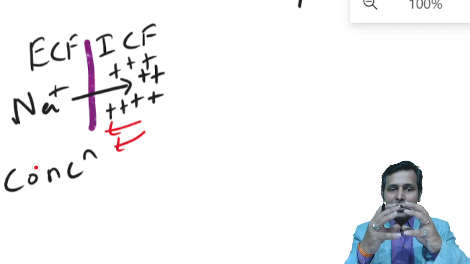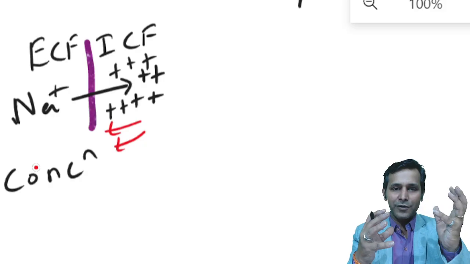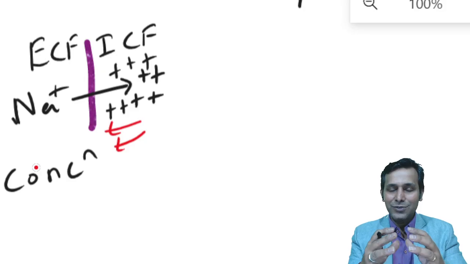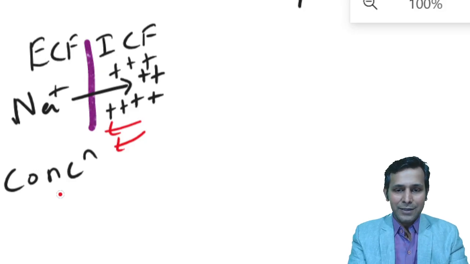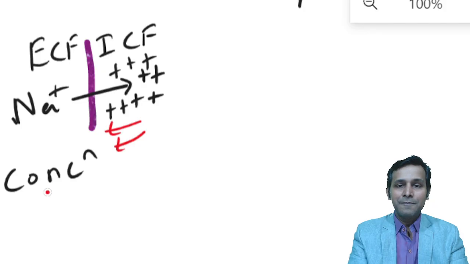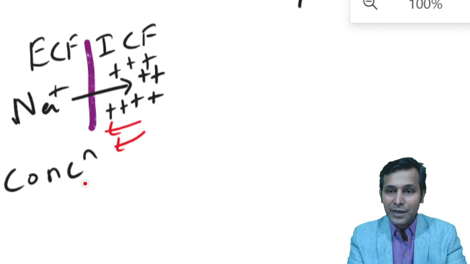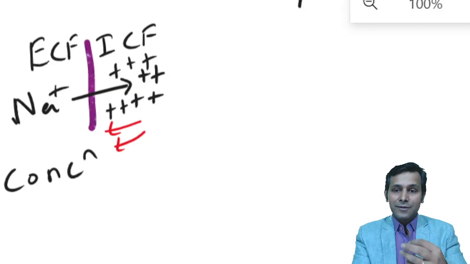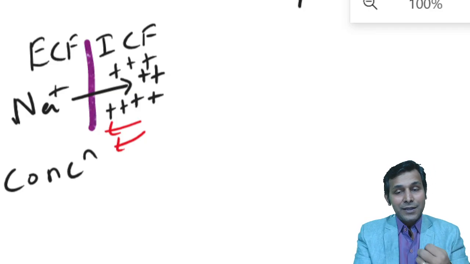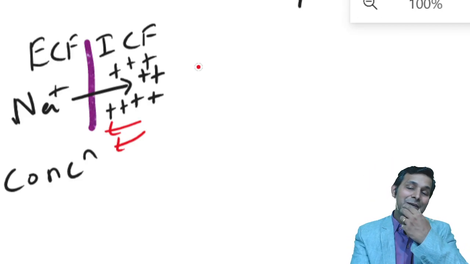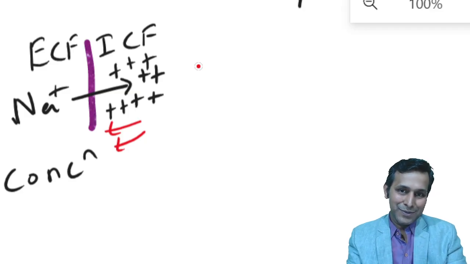So concentration will push the sodium in, but voltage will push the sodium out. So a point will be reached where concentration power and the electrical power will match. This is known as electrochemical equivalence. So concentration gradient, remember, is balanced by electrical gradient. All right.